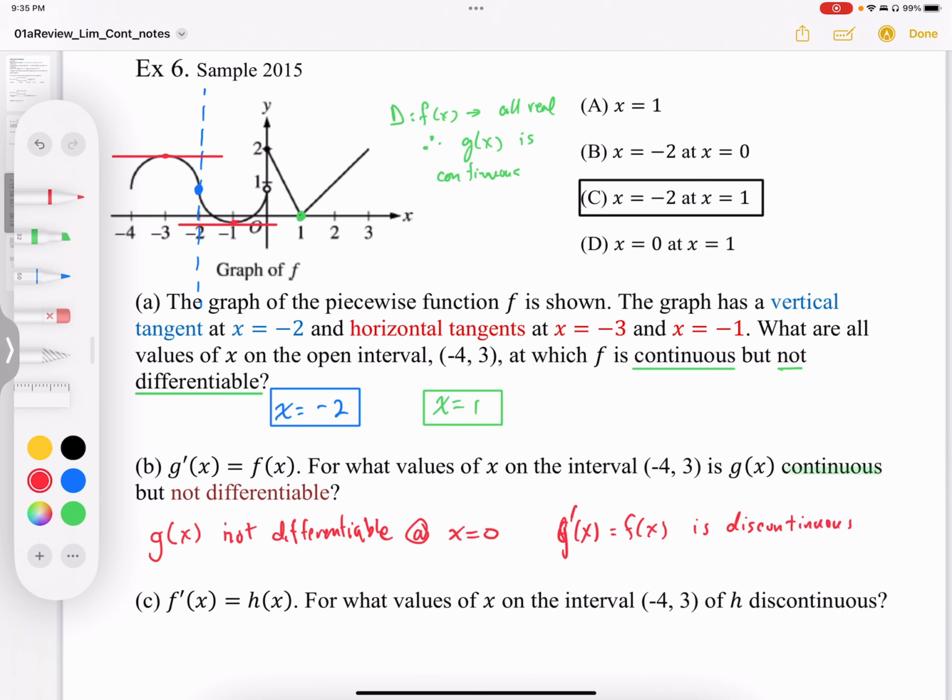So it's continuous for all values, but it's not differentiable because of that discontinuity in the derivative at 0.